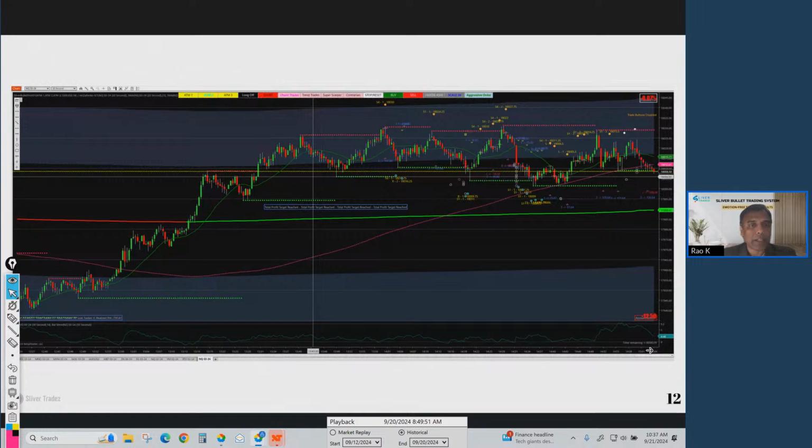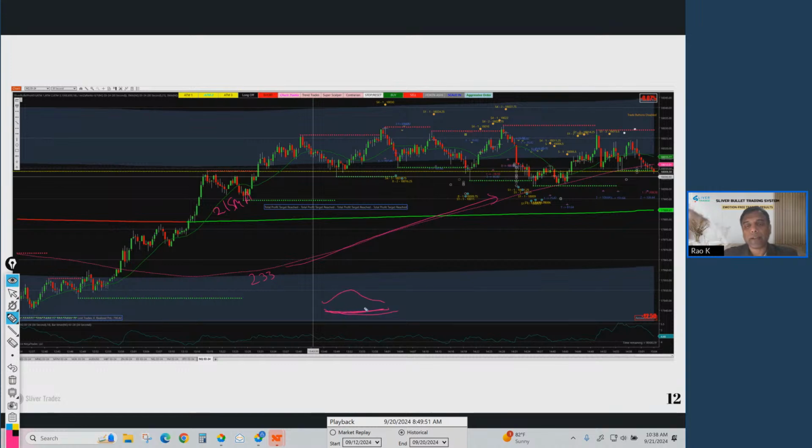So here this is 21 SMA. Oops. This is 21 SMA, and this is 233 SMA. So here you see 233 is angled upside. In the previous chart, I had shown 233 is almost flat, right?